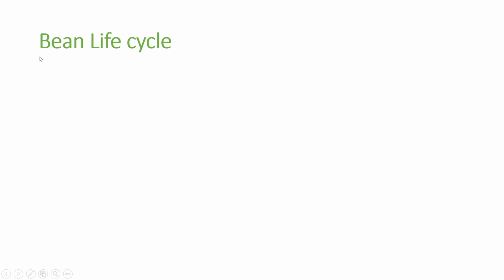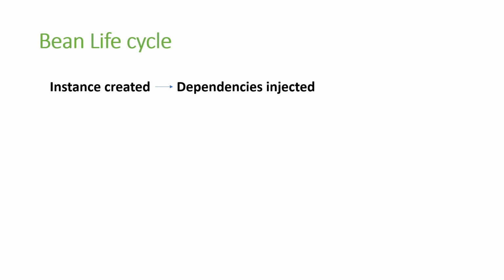So the bean life cycle starts with instance creation. That means first Spring will create the object using a constructor. That can be a default constructor or a parameterized constructor. Then it will inject the dependencies.